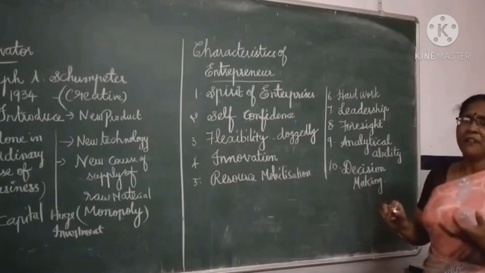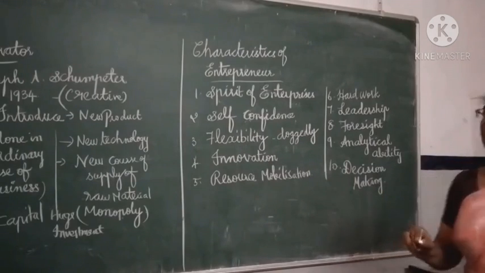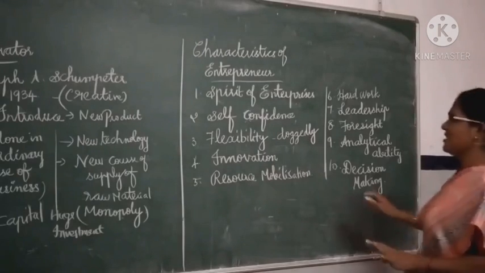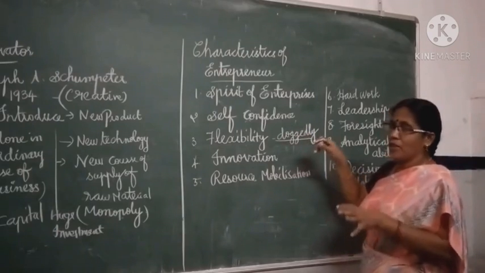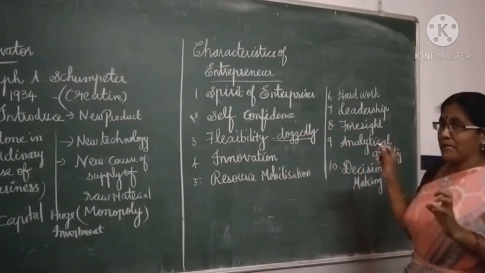They must have a fire spirit, such a kind of spirit is needed, but not to stick to a decision in a rigid fashion. Entrepreneurs should change decisions made already in the light of the ever-changing business environment. They should not rely on old customs, old products, old business environment.